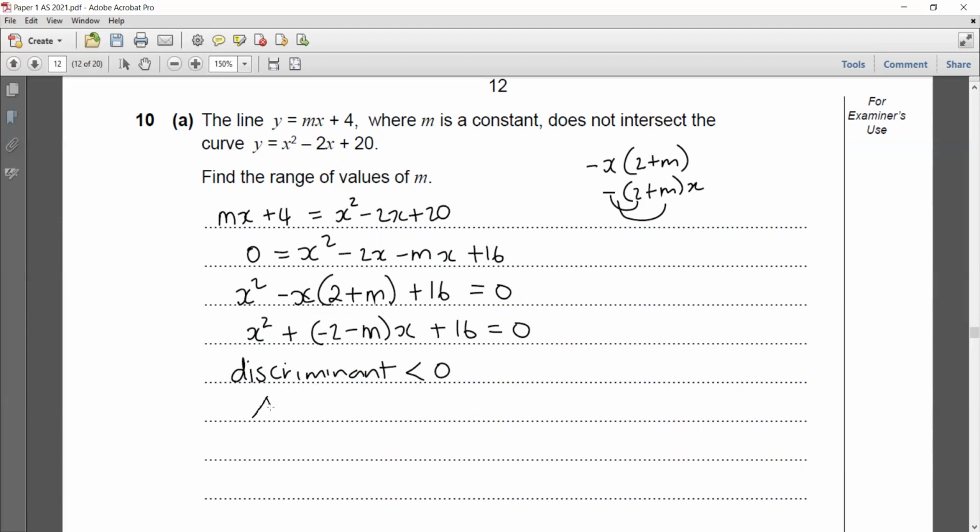And we know that our discriminant delta is given by b squared minus 4ac. So we have to identify what is my a. A here is 1. B here is negative 2 minus m, so whatever is in front of the x. And then my c is 16.